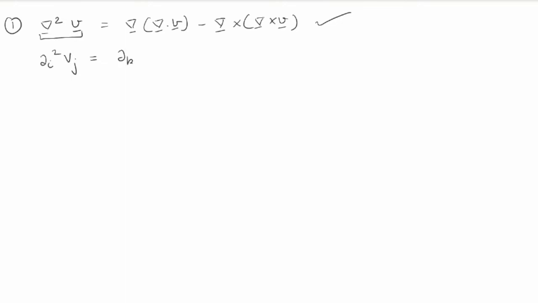So ∂k ∂m dot with vn minus ∂o ∂p crossed with vr. When we solve this quantity first, what do we get? ∂k ∂m vn δmn.